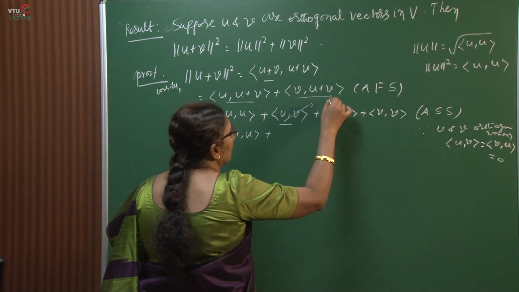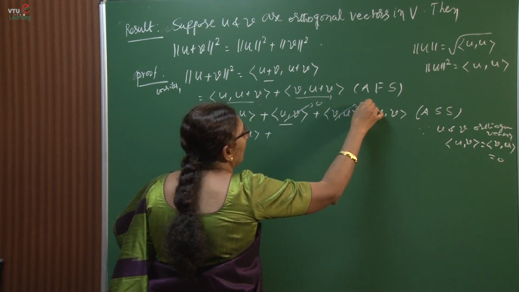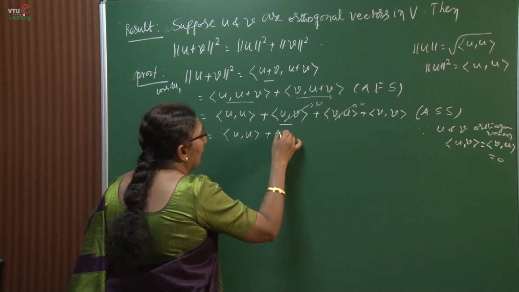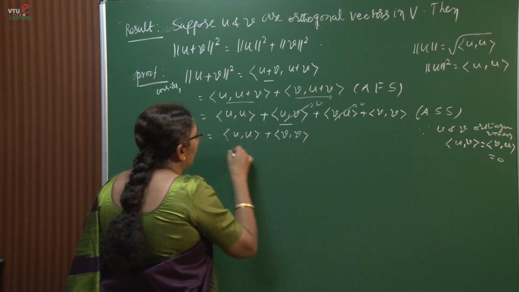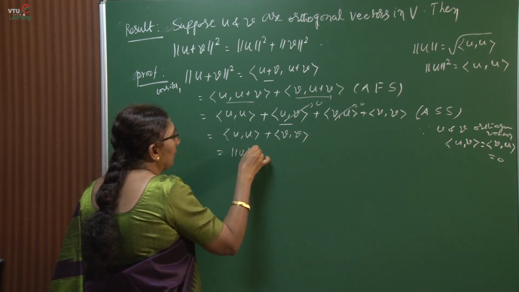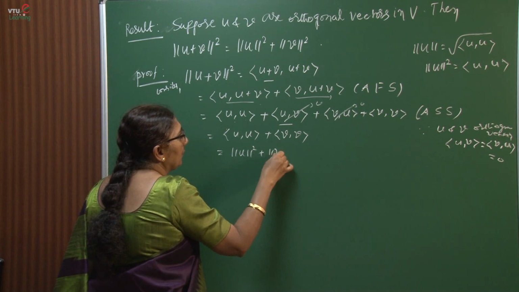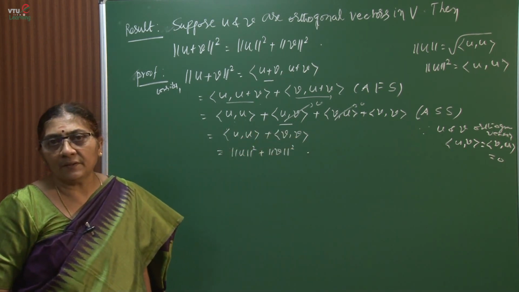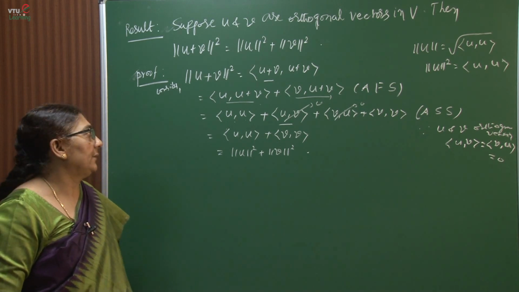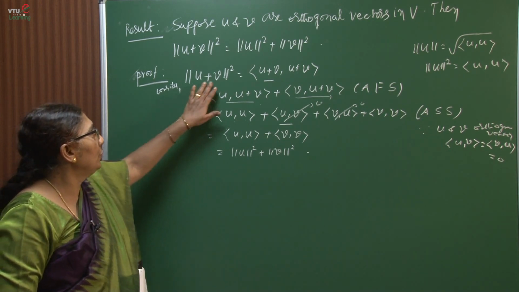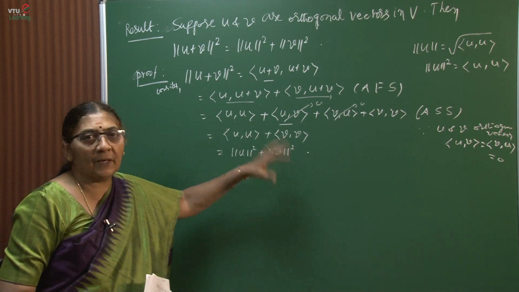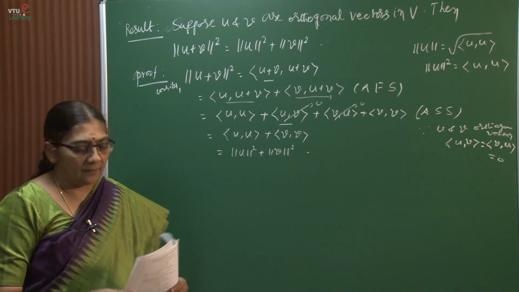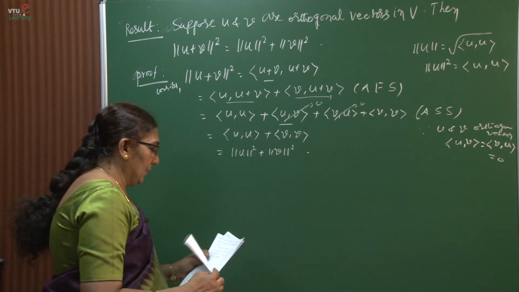Therefore, these two must be 0 since u and v are orthogonal vectors. Only the inner product of v comma v remains. From the definition of norm, this is nothing but the norm of u square plus the norm of v square. This result is called the Pythagorean theorem or Pythagorean result. The norm of u plus v whole square is equal to the sum of the squares of the norms. That's all. We move to the next result.